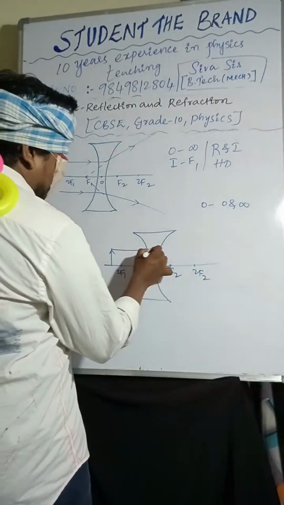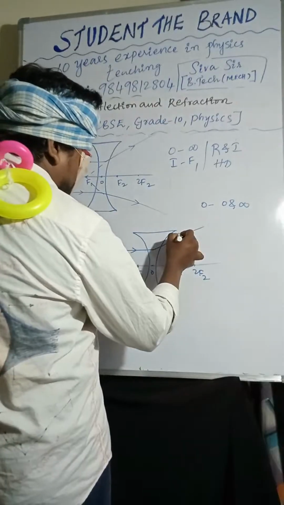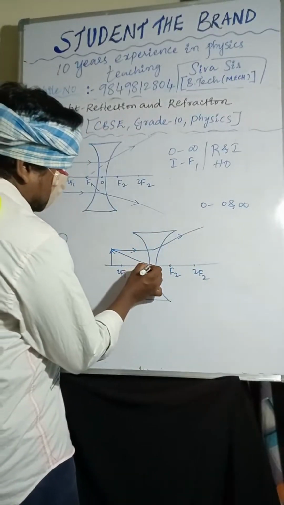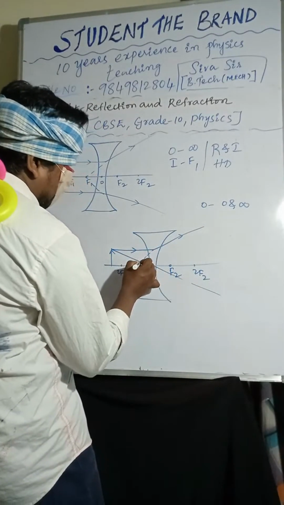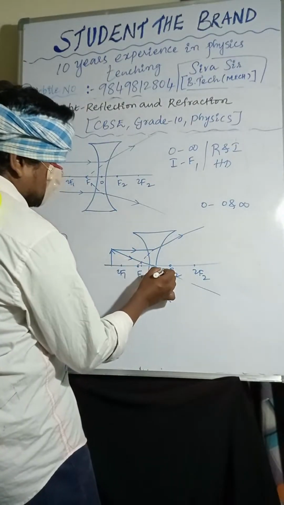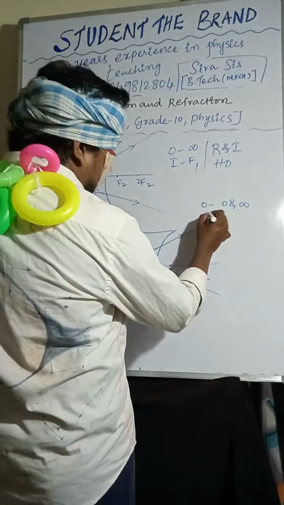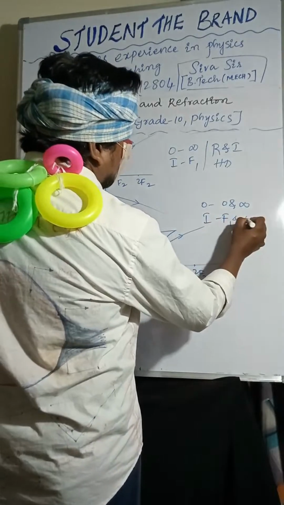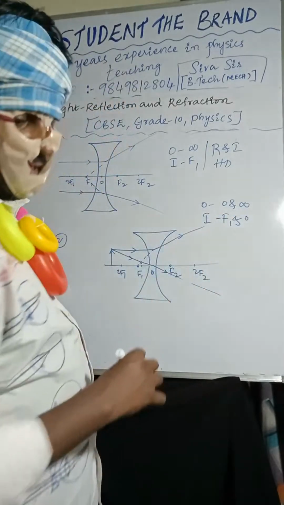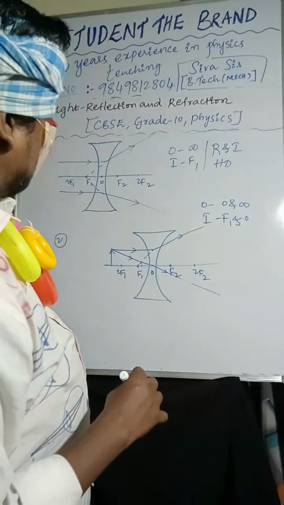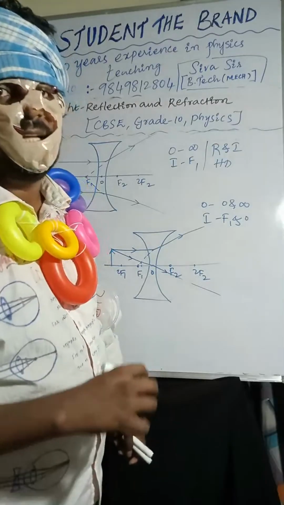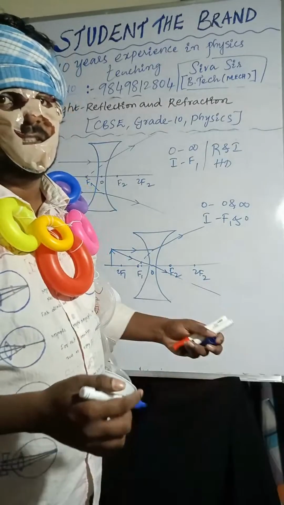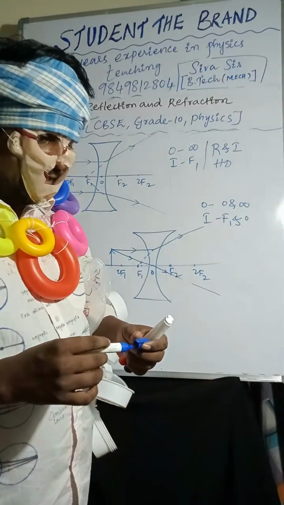I'm taking two light rays, so it will be diverging. One more light ray I'm taking like this. If you extend them, they will meet. So the image is forming between F1 and O. The nature of the image is virtual, erect and diminished.